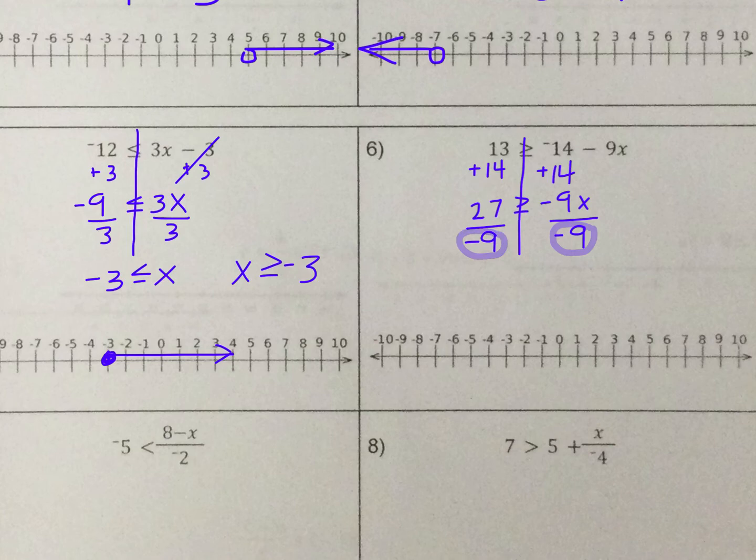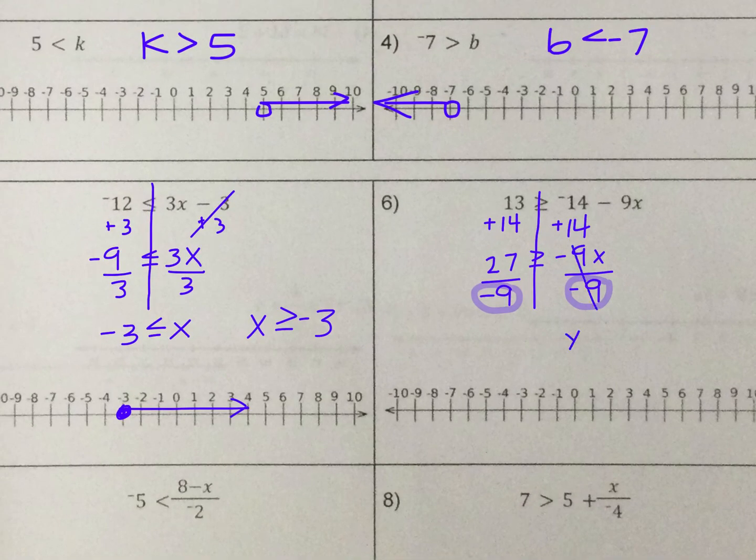The very top note we said when we multiply or divide by a negative, we flip the sign. So, I'm going to write x, I have to flip it, less than or equal to -3. All right, that's lovely and beautiful, but it's on the wrong side. So now I'm going to flip everything over. So I flipped it because of the negative, but now I flip it back so I can graph it. So it's like a flip-flop. All right, solid circle on -3 to the right.